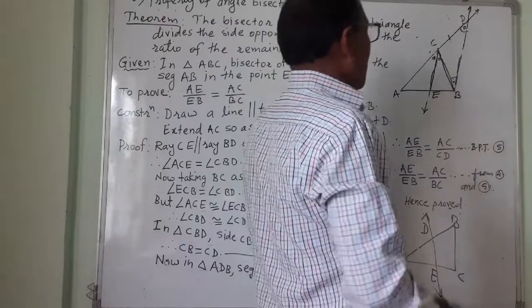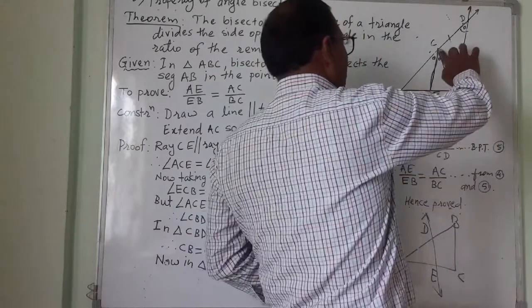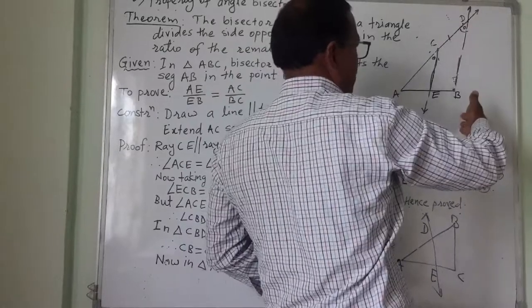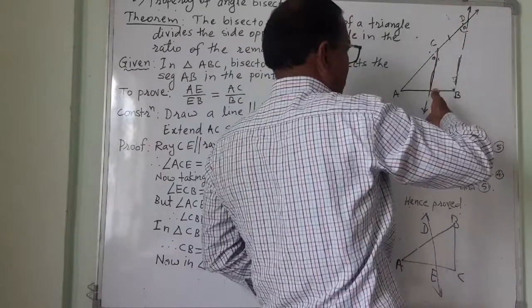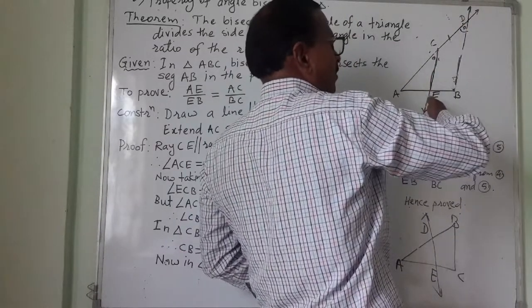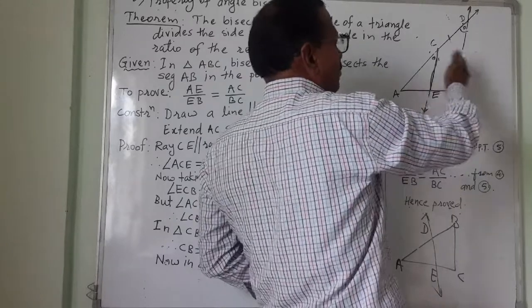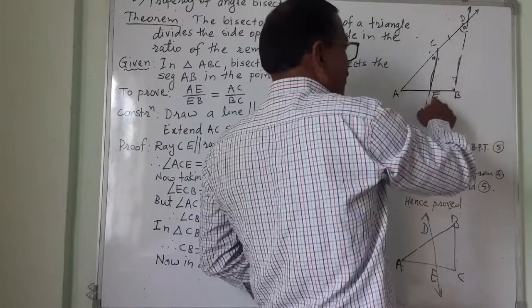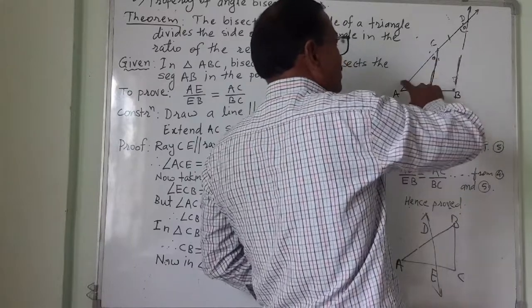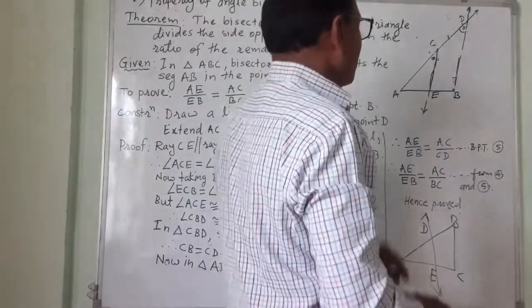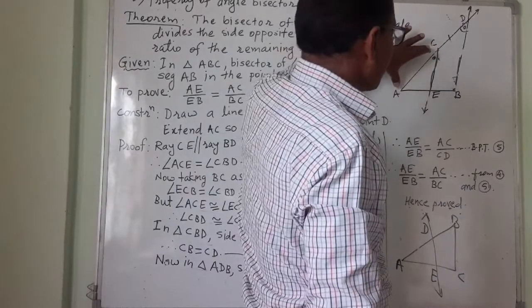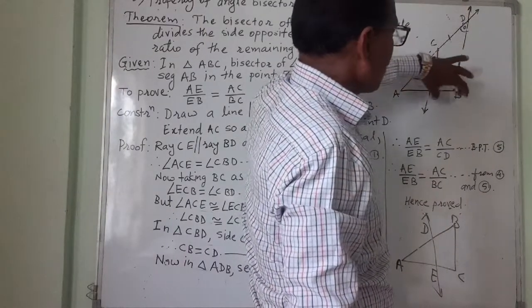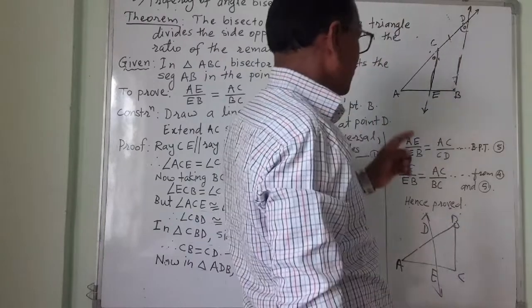Now I will use the whole triangle, the bigger triangle. This is the base and this is the parallel line. If a line parallel to one side intersects the other two sides in two distinct points, then it divides those sides in equal proportion. Means proportion of this will be AC upon CD, AE upon EB. That is what I have written.